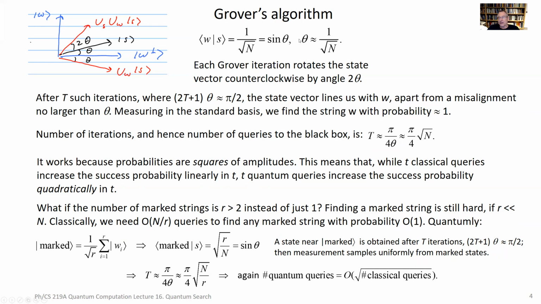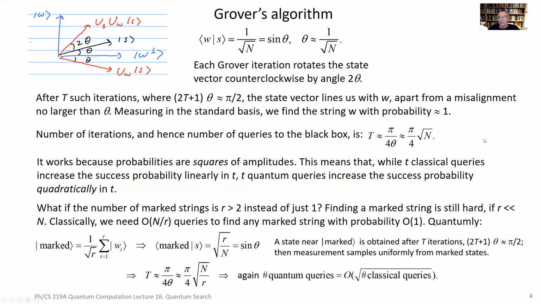Theta is very close to 1 over the square root of n, so this is pi over 4 times the square root of n. The number of times that we query the box to find the string is essentially the square root of n, except for this numerical factor, which is 0.78, something like that.